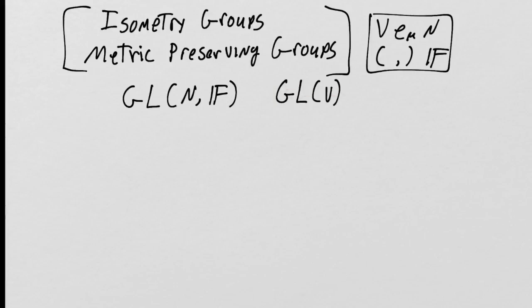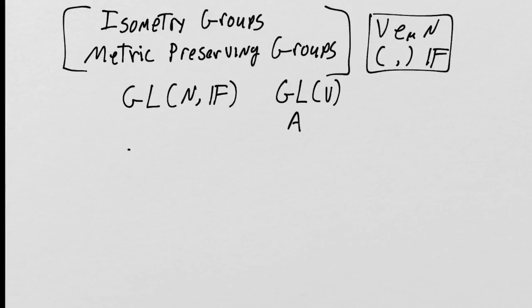Let's start with thinking of it this way. My vector space has this inner product. So say I pull out an element A, which is going to be our transformation matrix.